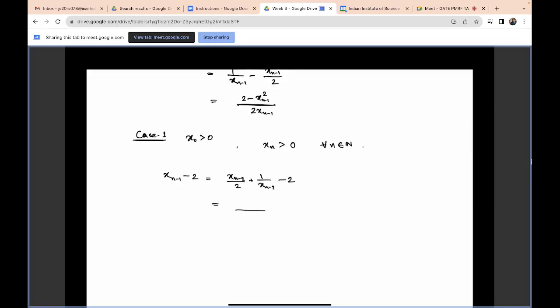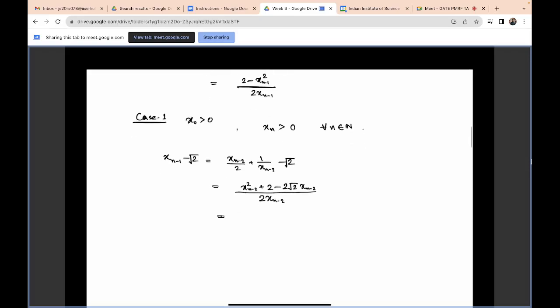If you simplify this, we get x_{n-2} squared plus 2 minus 2 root 2 x_{n-2}. So the numerator becomes (x_{n-2} minus root 2) whole squared, over 2x_{n-2}.